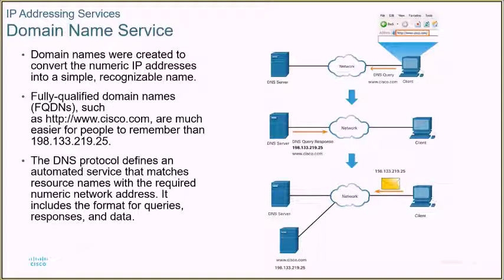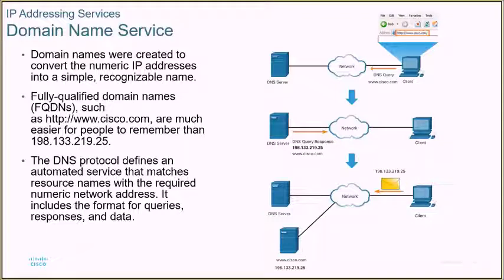It's just common practice to type in www, but depending on the setup, you don't actually need it. So what we're doing is querying www.cisco.com. The client asks the DNS server. If the DNS server knows that name, great, it will respond back, and then you can connect to the Cisco server address. If it doesn't know it, that's when it has to start searching around. Well, the server does, you don't.